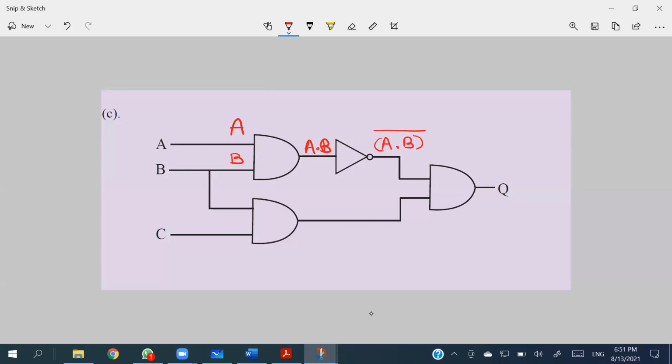Like it is going through an AND gate. And the other AND gate receives B from the B line and C from here. Then you are going to receive B dot C as an output. So finally, you will be having another AND gate.